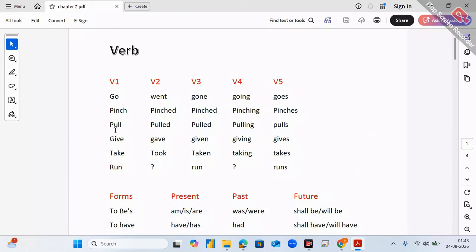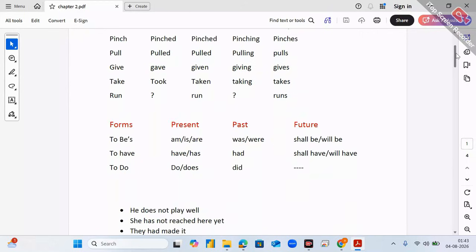Okay, so pull, pulls, give, gives. Like this we have multiple examples over here. After completion of this course, try to solve this. Wherever question mark is there, you guys are going to solve it and give the answers in the comment.